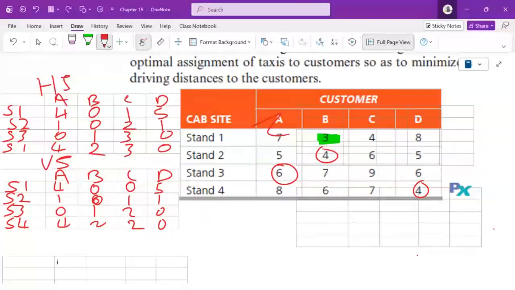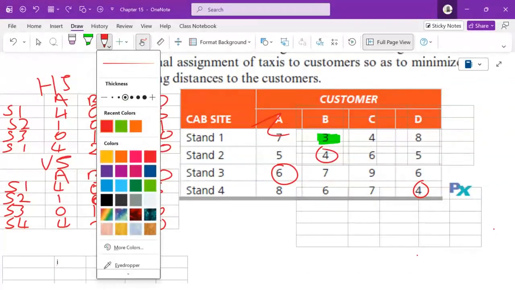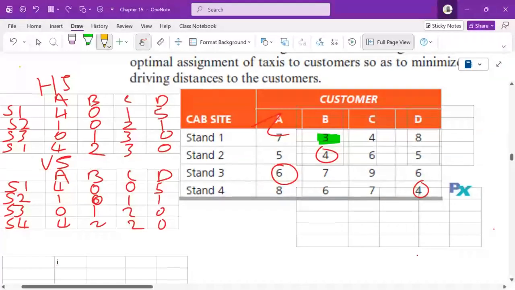Let's do this thing. This side, let's do the highlighting here. Okay, we have, whom did we start with first? The first 0 is B. Okay, it's fine.